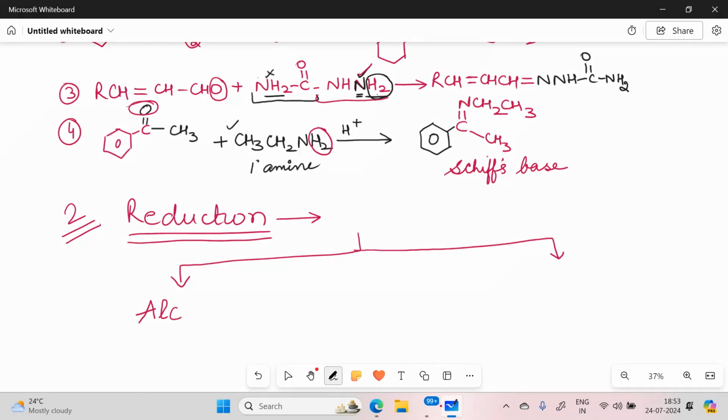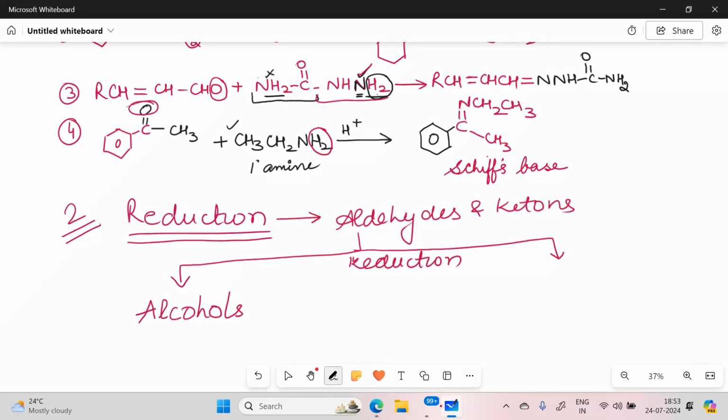Carboxylic acid? That is oxidation. Oh, that's oxidation, okay, I forgot. Alcohols. Aldehydes and ketones upon reduction convert into alcohols.